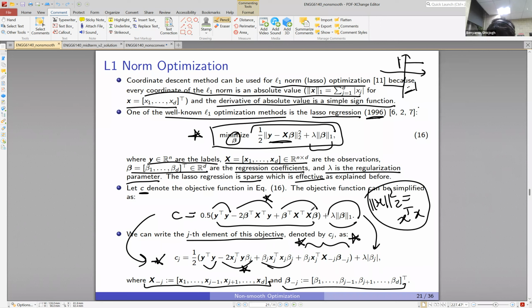So we can have x j transpose x j of the second one, or x j transpose and the rest of the elements, excluding the jth element. That's why the jth element of these can be considered the summation of these two terms, either x j transpose x j or x j transpose the rest of the second x. That was the explanation that I had to give you, which I was confusing in the previous session.